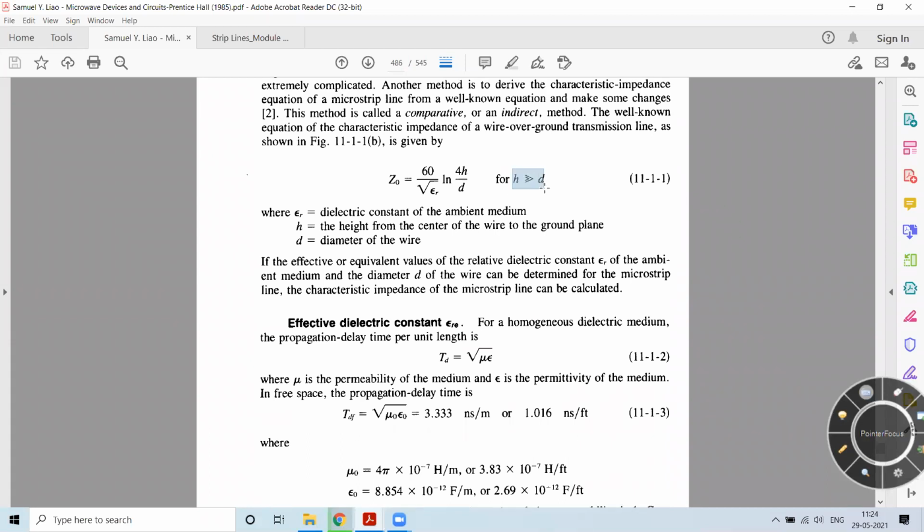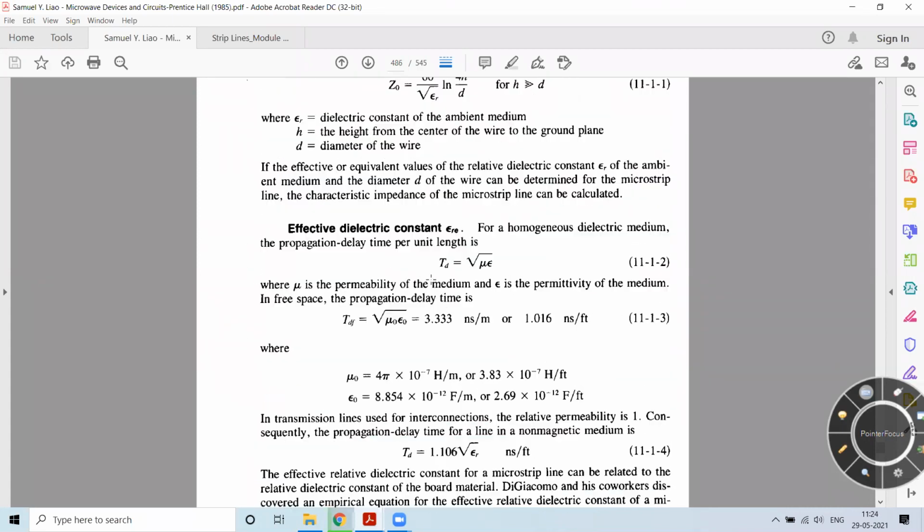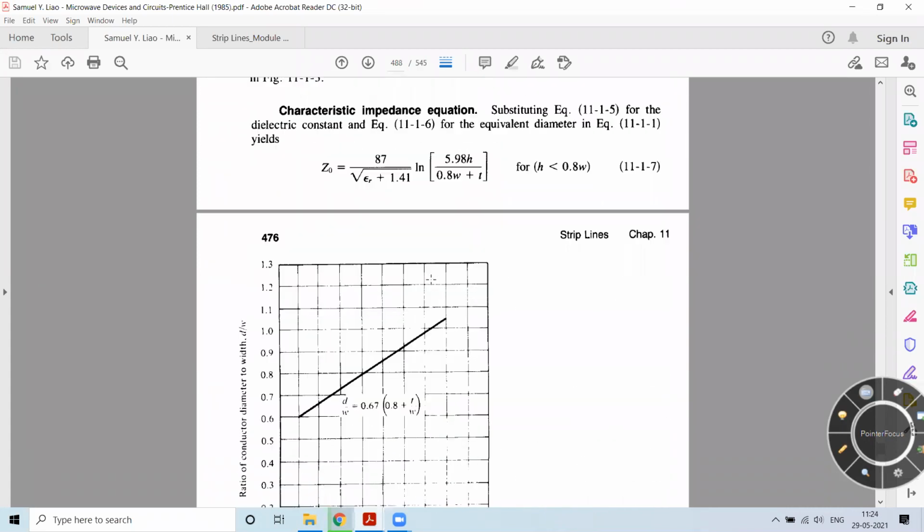Here, H is much greater than the diameter D. Diameter is related to this and H is there. But what about in terms of these parameters? When we substituted, we obtained this representation wherein Z naught is given by 87 divided by the square root of epsilon r plus 1.41, ln of 5.98 H divided by 0.8 W plus T.